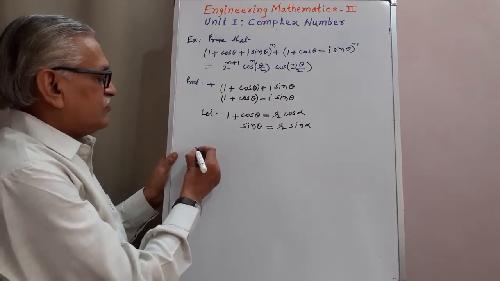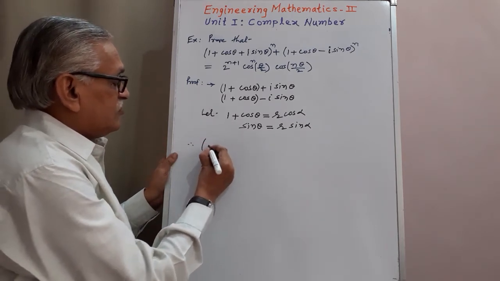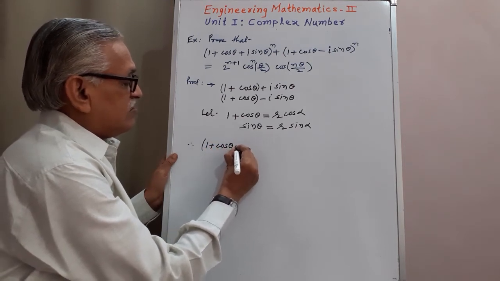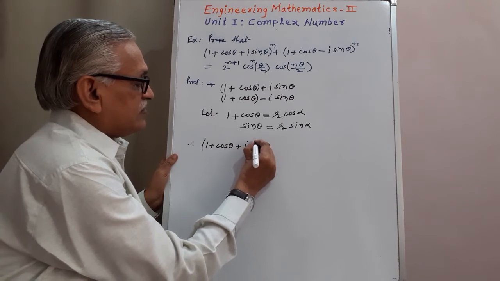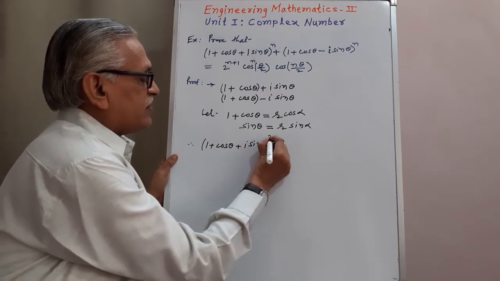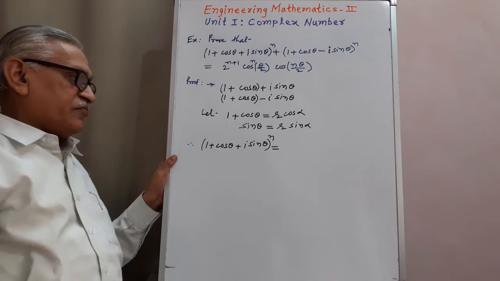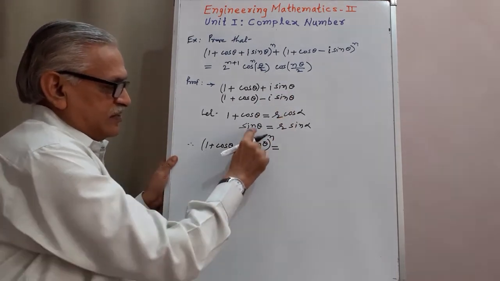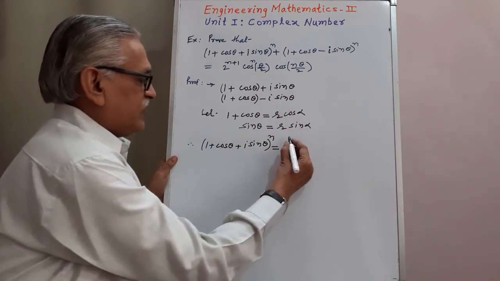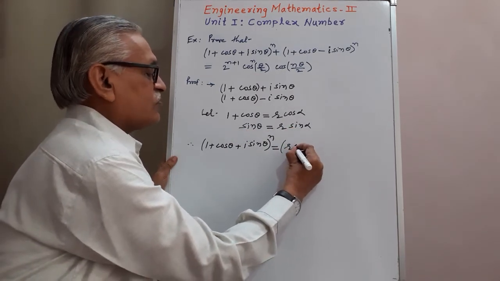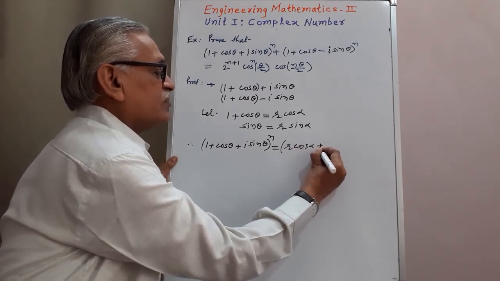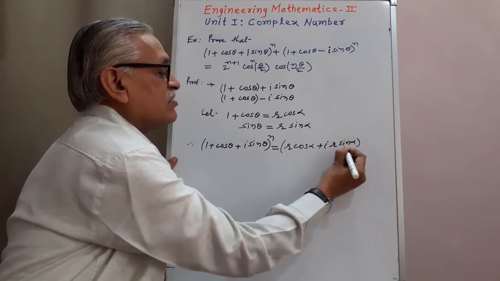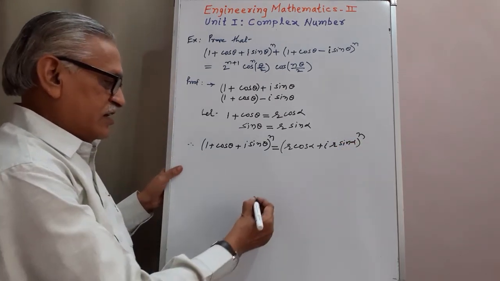Therefore, (1 + cos θ + i sin θ)^n, substituting 1 + cos θ as r cos α and sin θ as r sin α, we get (r cos α + i r sin α)^n.